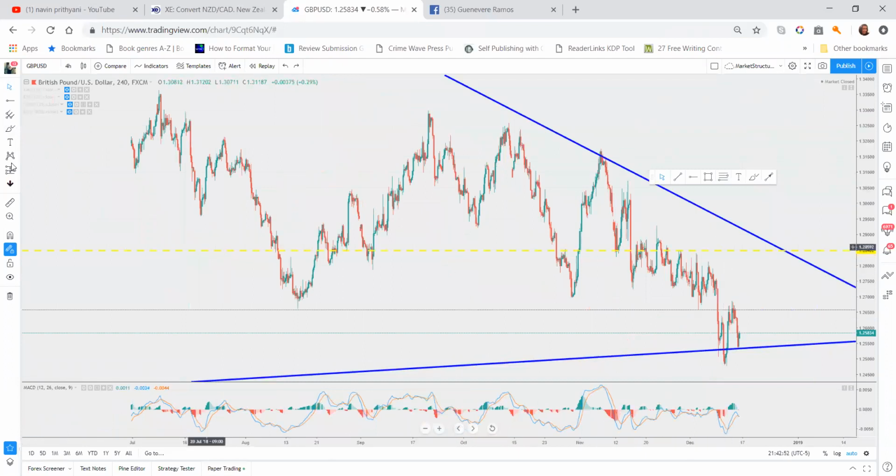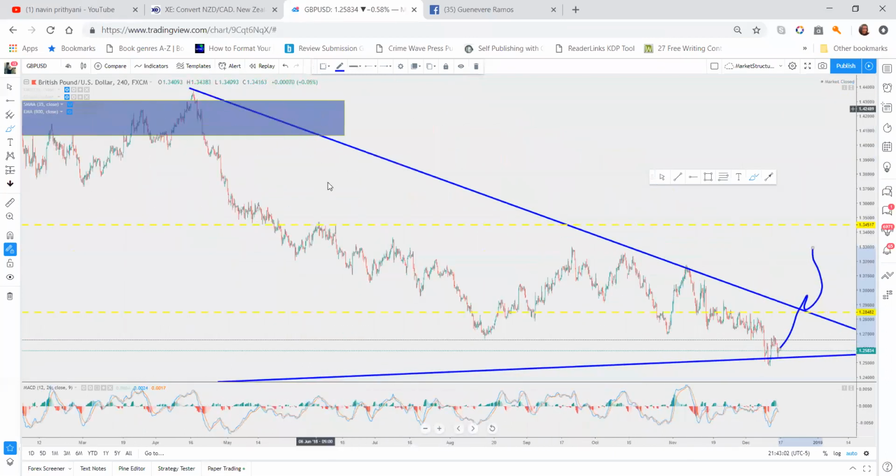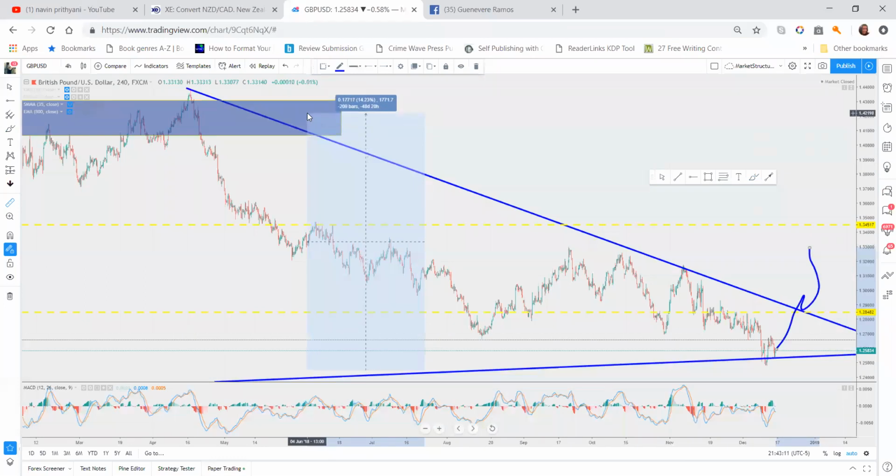So if you were to see it break and retest, then you would buy, and we've been looking for the buy from the bottom. That would be a really good buy because from here up to our past zone, there's 1,700 pips there, and that's just looking at the 4-hour.